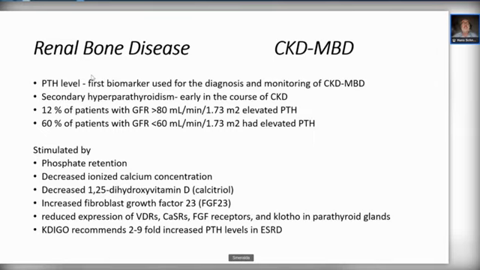In this setting, it is important that the Kidney Disease: Improving Global Outcomes evidence-based recommendations recommend 2 to 9-fold increased PTH levels in end-stage renal disease. Next slide, please.